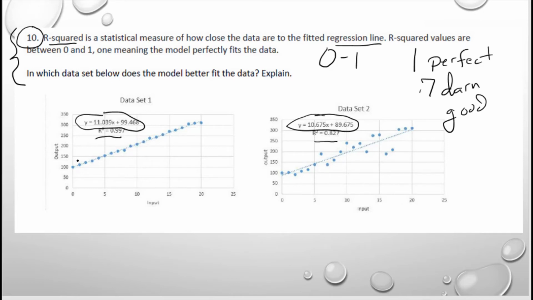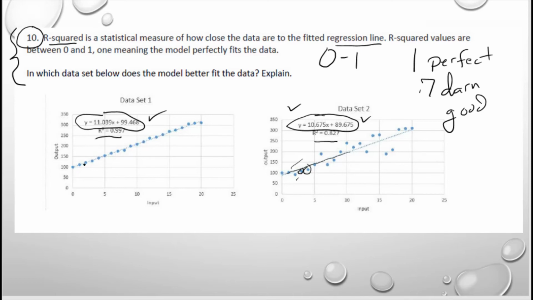So this one here, you can see the data is in blue and the line is the model, which is a linear equation, and so is this one. And here's the data, the little blue dots, and then the line of best fit is sort of dotted there. So they're just asking which one better fits the data.